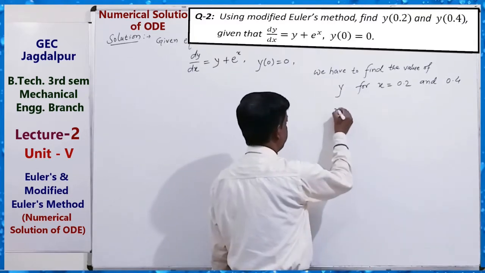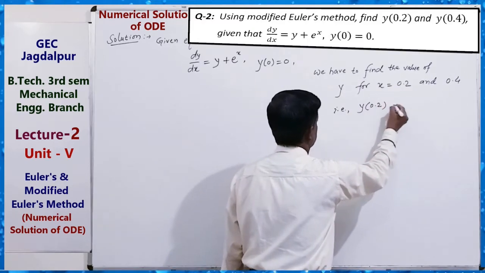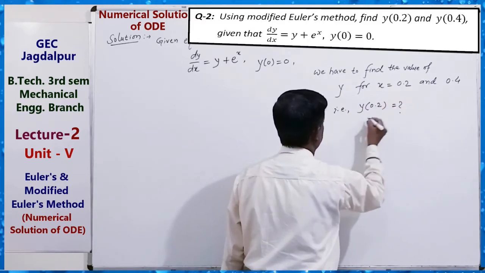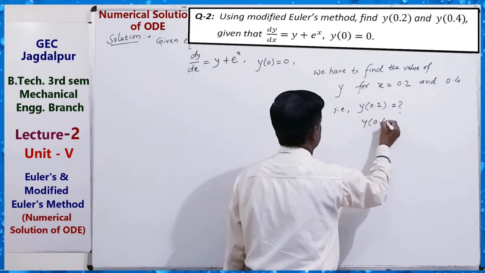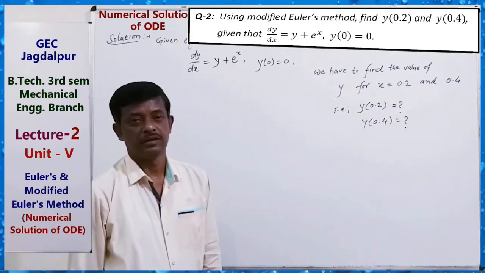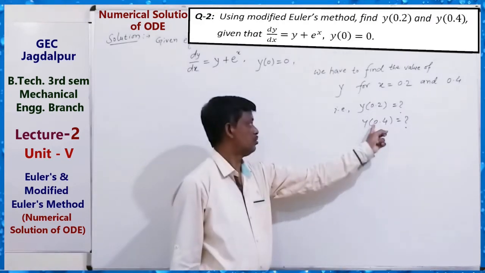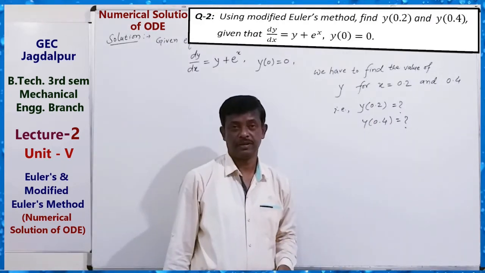That is, we will find y(0.2) and y(0.4). This is our target.